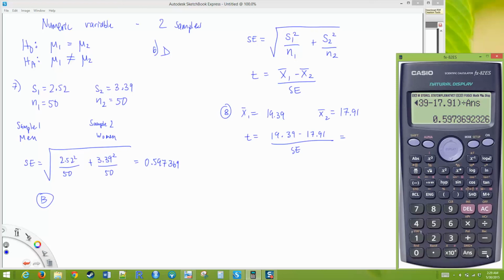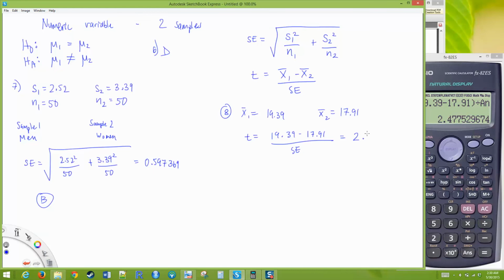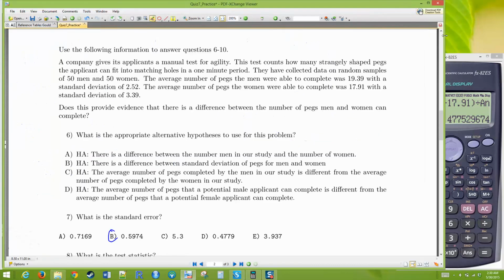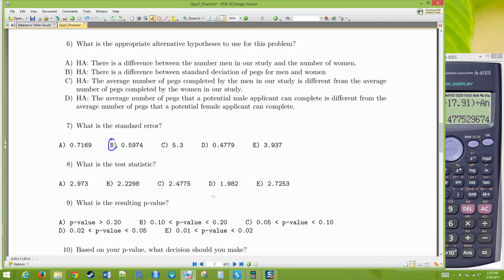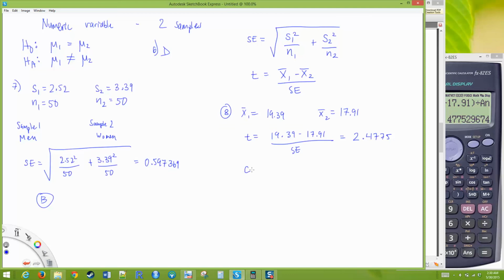I hit equals and I get 2.4775. So my test statistic T is 2.4775. Let's see what we have as our answer choices. Okay, and we indeed see 2.4775. So for number 8, our answer choice is C.